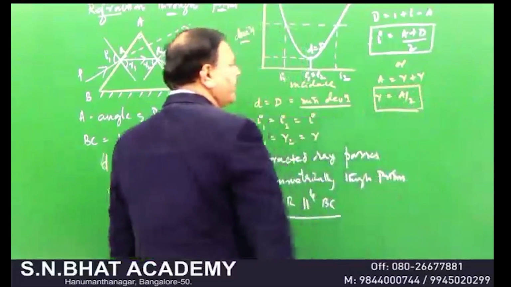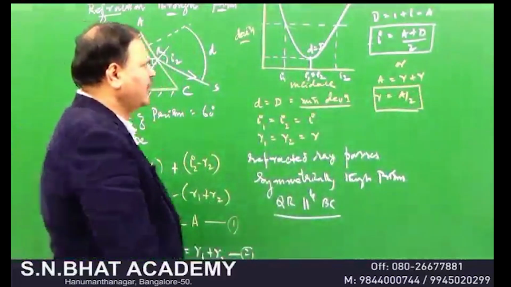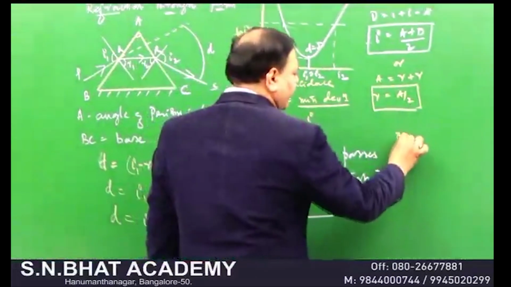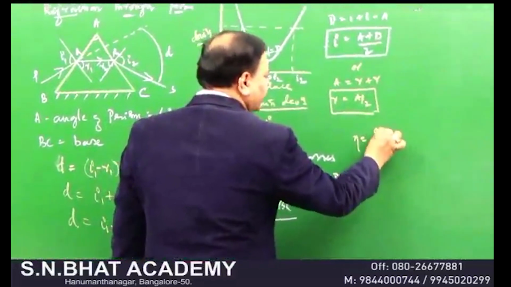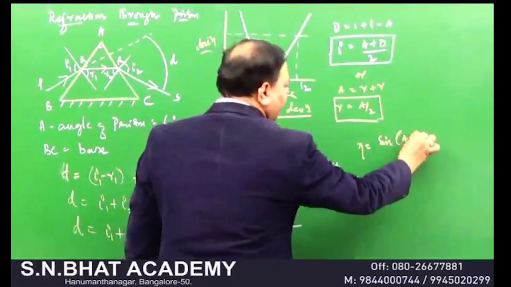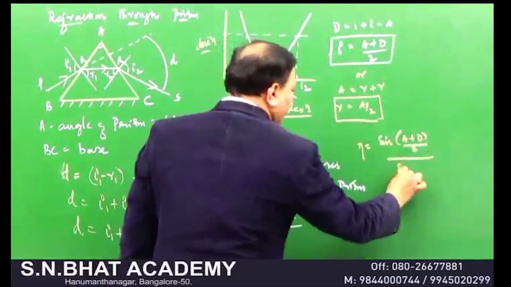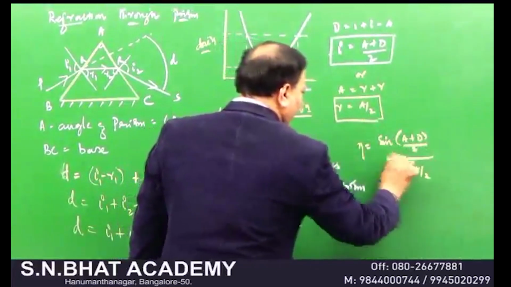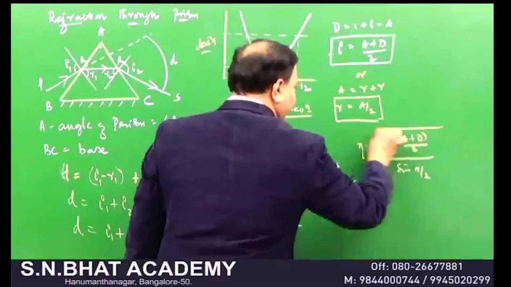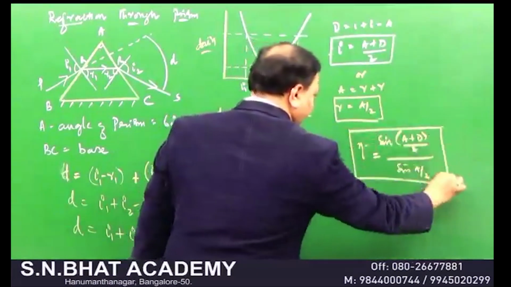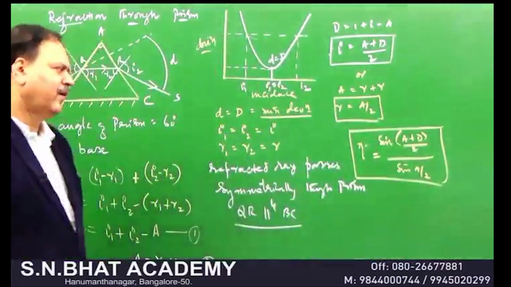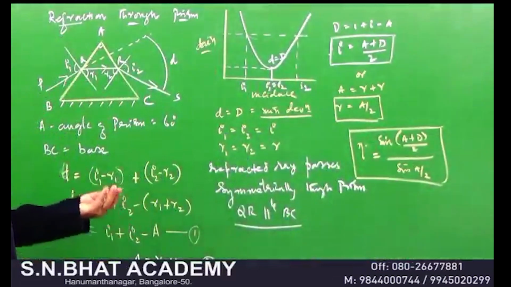Very important. Substitute these values in the expression for the refractive index, sine I by sine R. In place of I, you put (A plus D) by 2. In place of R, you put sine of A by 2. This is a very, very important relation. You have to remember this.